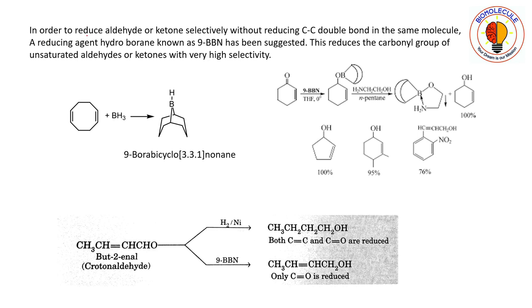Now, in order to reduce an aldehyde or ketone selectively without reducing the carbon carbon double bond in the same molecule, that is, in an alpha beta unsaturated carbonyl, a reducing agent, a hydroborane known as 9BBN, has been suggested.